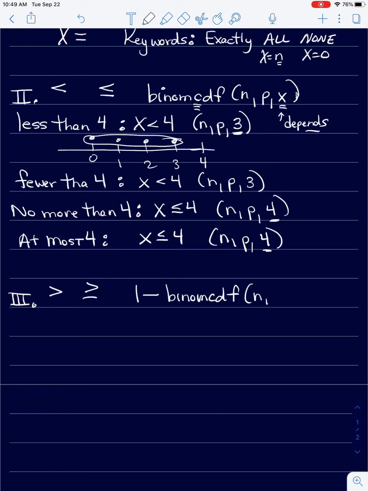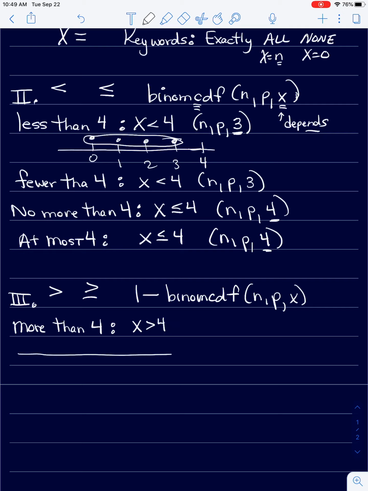Sorry, my paper moved. Okay, so let's take a look at a couple examples, like more than 4. So X would be greater than 4.